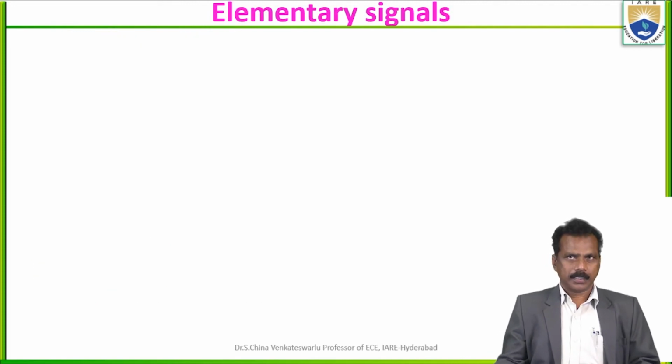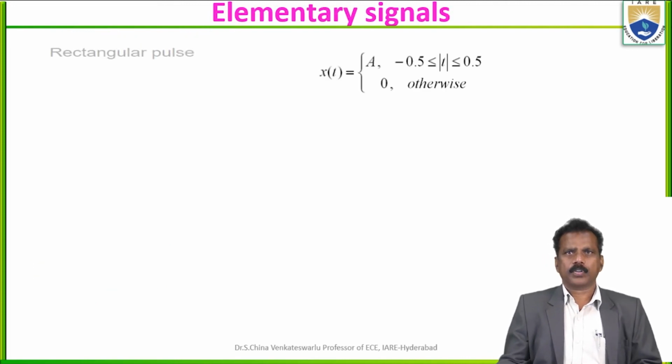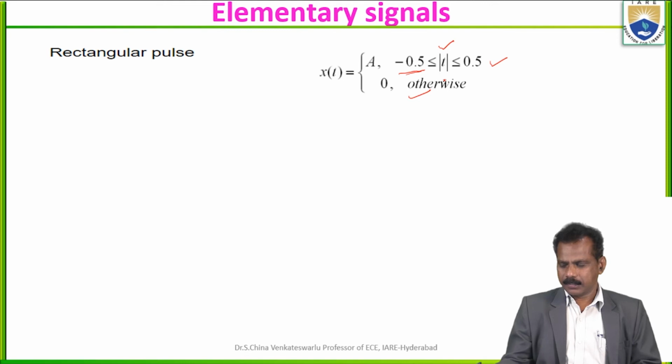Next, we have to consider the rectangular pulse. The rectangular pulse is given by x of t equal to a, which is 0.5 for minus 0.5 less than mod t less than 0.5, and 0 otherwise.